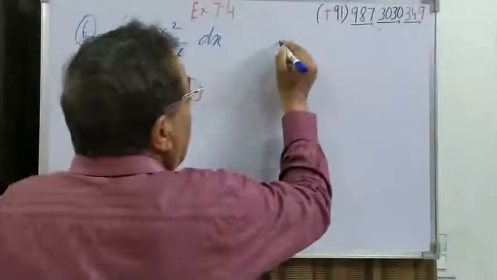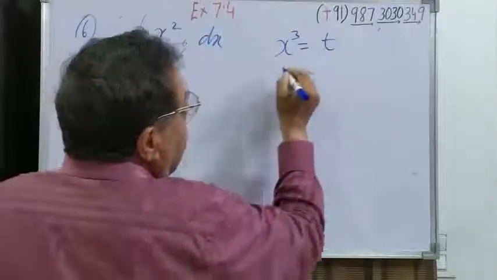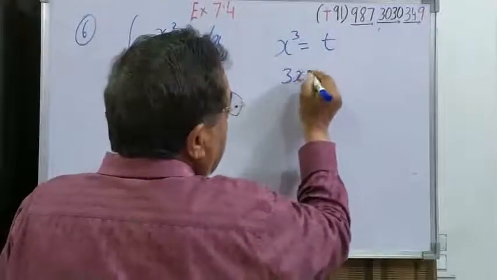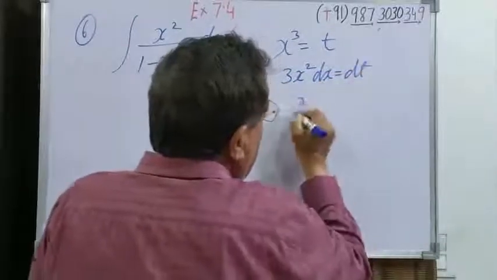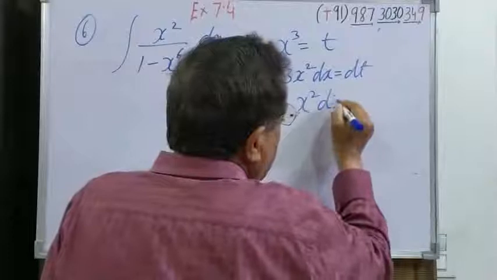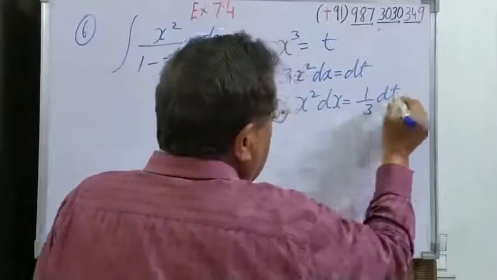Now again, we convert it into the form of our formula. We have 6 formulae with us, and to change the question to one of them, we take x cube equal to t. That gives us 3x square dx equal to dt, or x square dx equal to 1 by 3 dt.